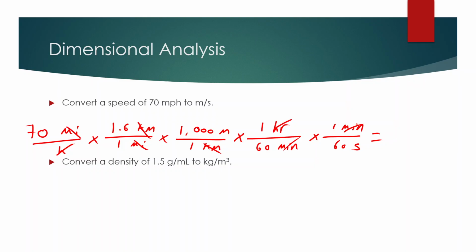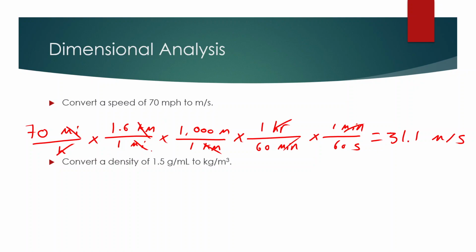And so we can take 70 times 1.6 times 1,000 divided by 60 and divided by 60 again. And I get that that comes out to 31.1 meters per second, right?